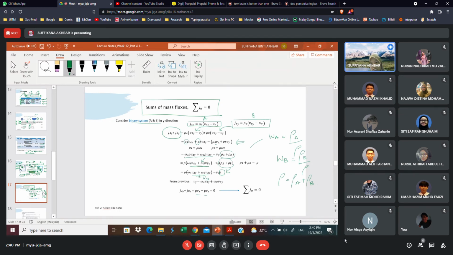So finally, this one minus this one becomes 0. So it is proven lah, that sum of mass flux is equal to 0.